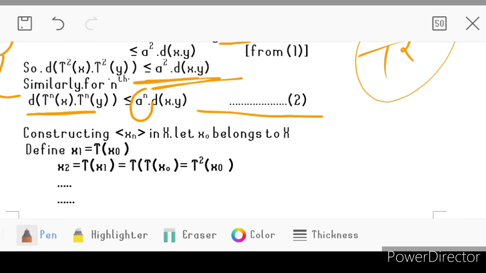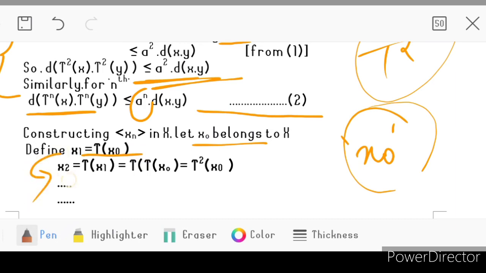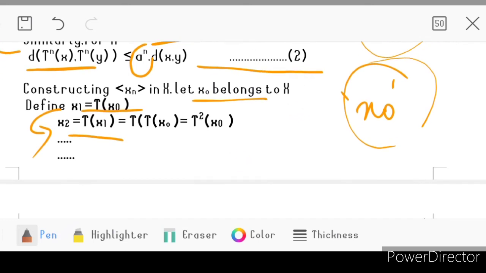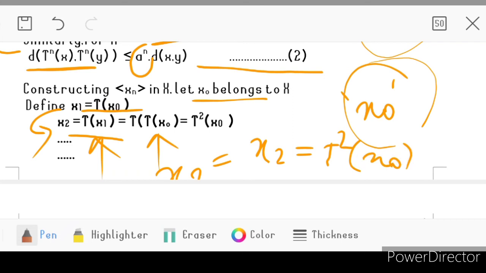Next, we are constructing a sequence in X, and we took one element x naught from that complete metric space, and we have defined x1 in such a way that x1 is equal to T of x naught, and then x2 is equal to T of x1. We are just constructing a sequence. Now we simply put the value of x1, that is T of x naught, and x2 is equal to T square of x naught.